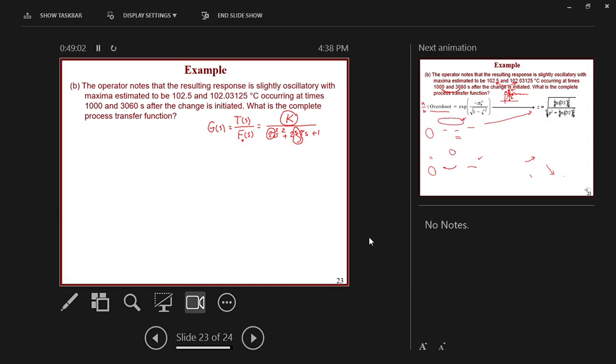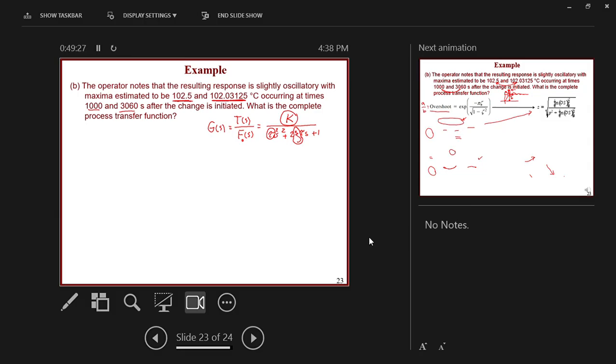So looking at the information we have, this is the temperature for the first peak, the highest tip, and this is the one for the second peak, and these are their times. So from the times we can find the period, because the period is the difference of the times of two successive peaks.